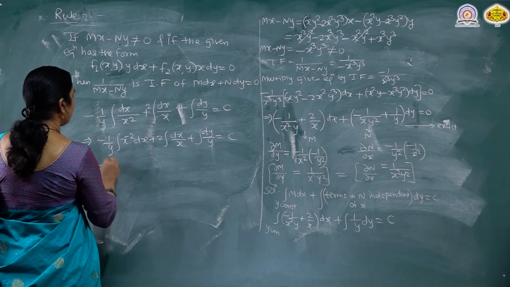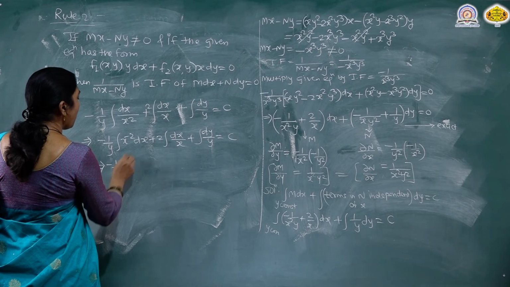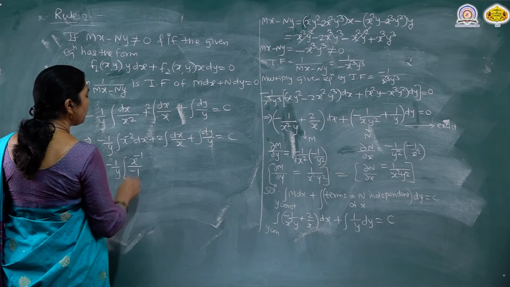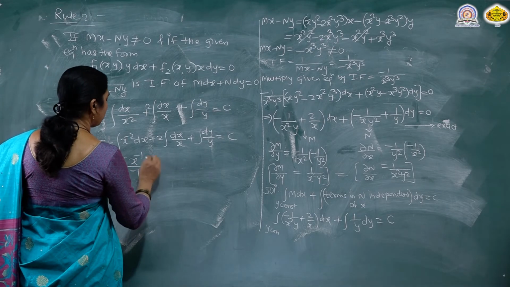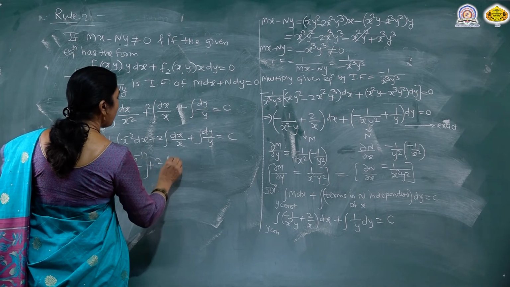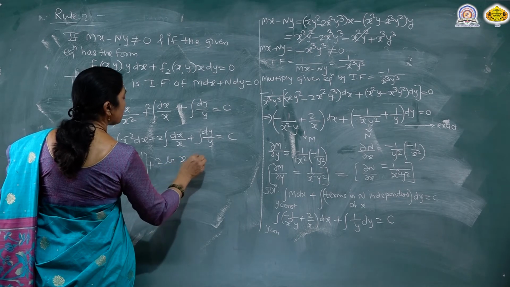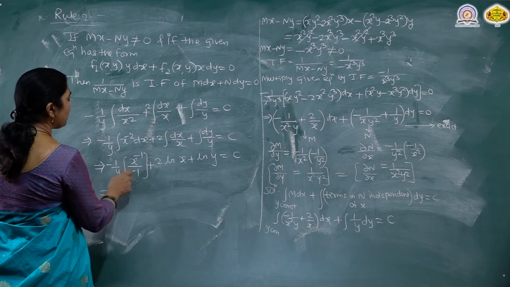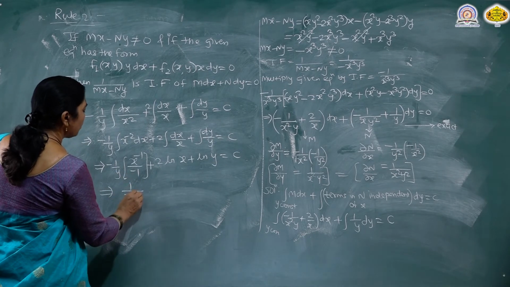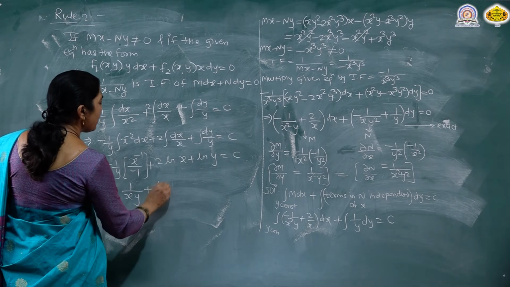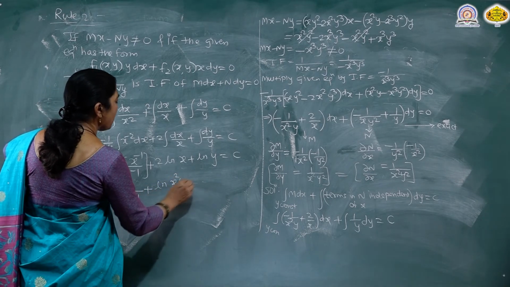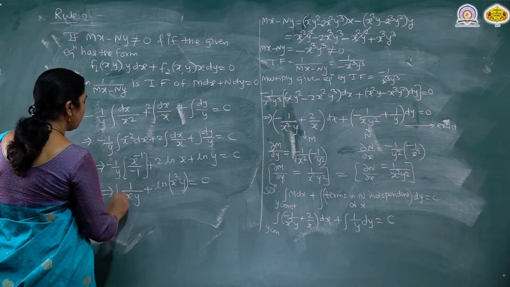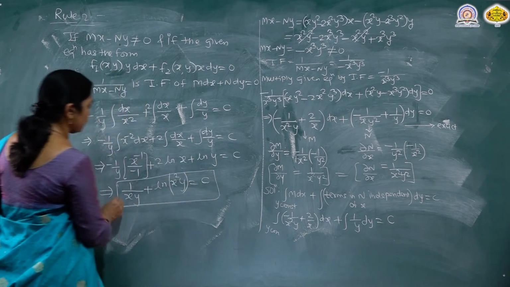And this is minus 1 upon y times x raised to minus 1 upon minus 1, plus 2 ln of mod x plus ln of y is equal to c. That is, minus minus becomes plus, 1 upon xy plus ln of x square y is equal to c. So this is the solution of the given differential equation.